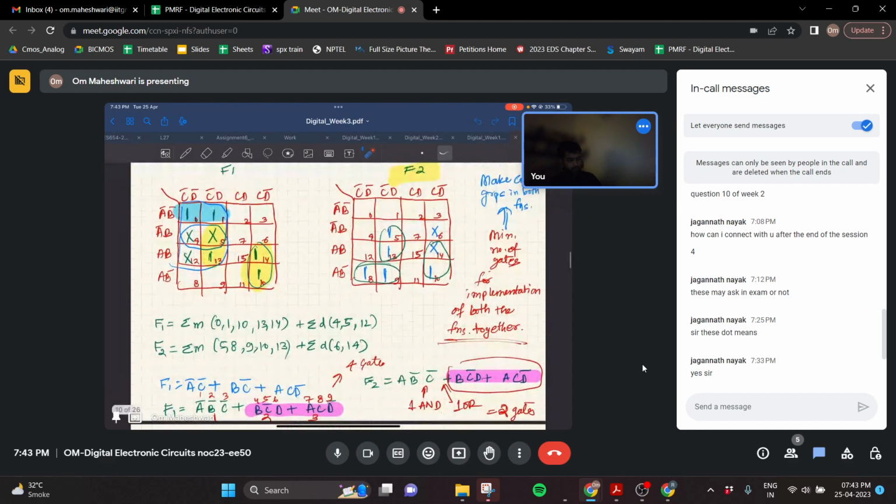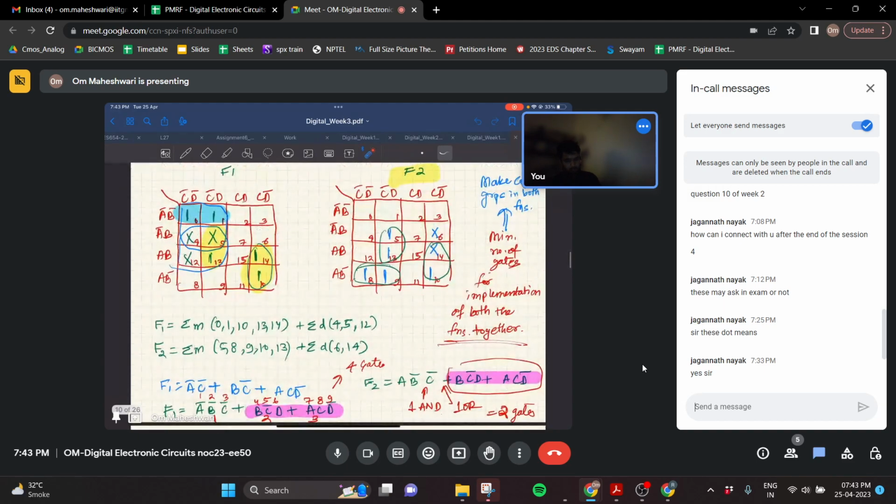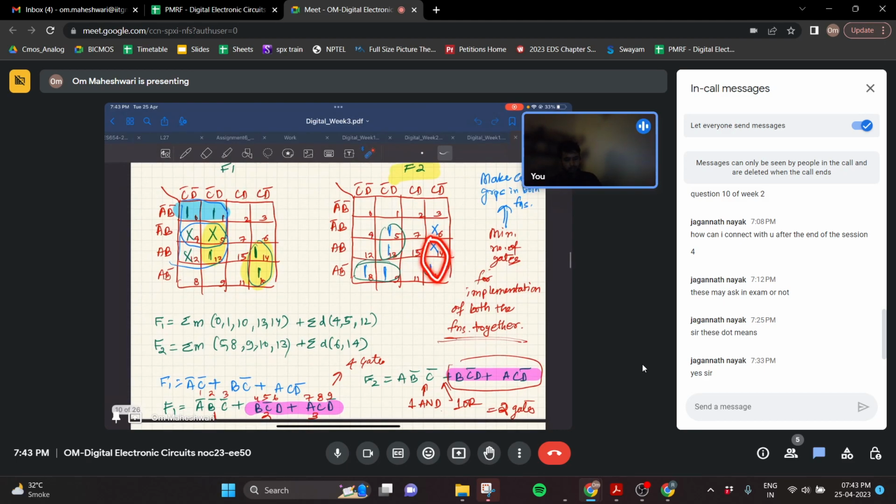Now let us see if there are any common terms. If you see, this part and this part is common in both, and this part is common in both, right? So I have written those.